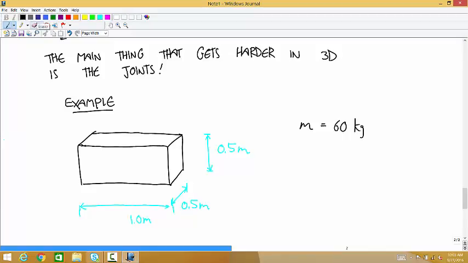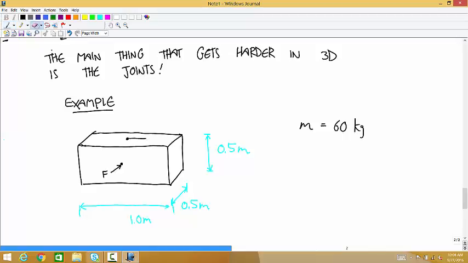And for loads, right in the middle of the front face, there's an unknown force vector, F. On the top, you know what?